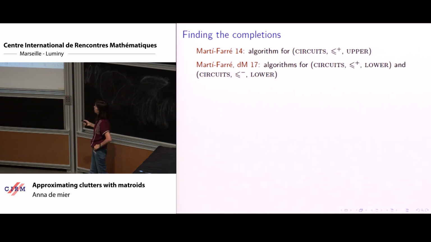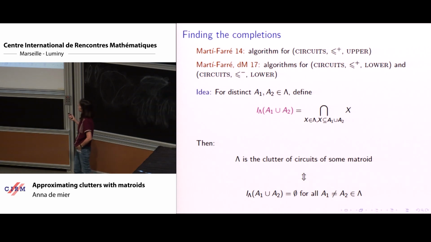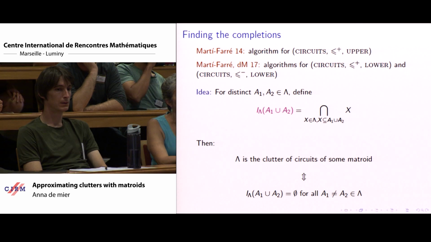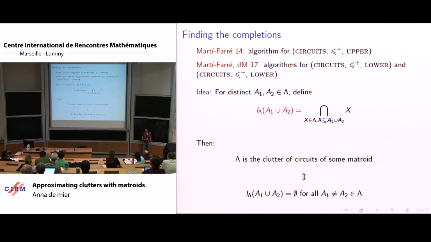I won't go into the details, but they are based on this idea: if I have two elements of a clutter, A1 and A2, I define what we call this sort of intersection, which intersects all elements of the clutter that are included in the union of A1 and A2, and that's going to be some set. It turns out that if the clutter is a clutter of circuits, this intersection I lambda is going to be empty for every pair of elements.